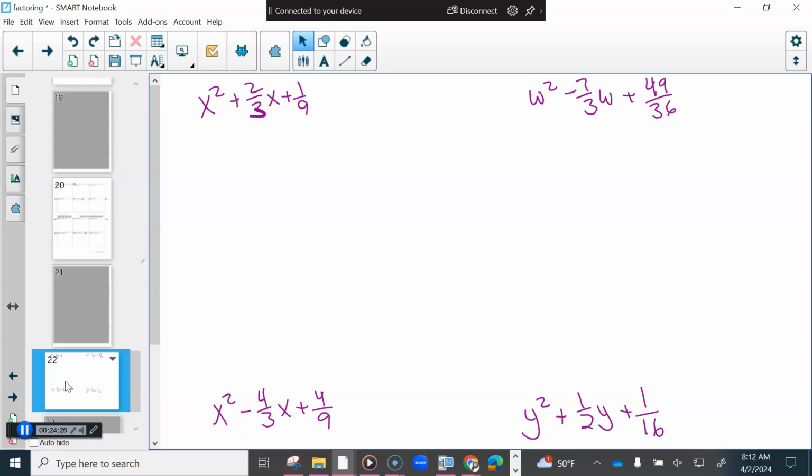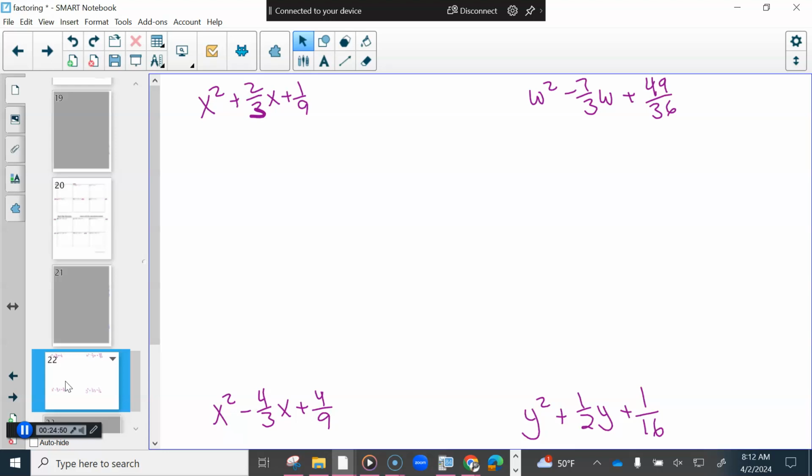And when we do that, we get 9x squared plus, what would 9 times 2/3 be? 6x. And then 9 times 1/9 would just give us 1. So now it looks like a trinomial that we're used to.